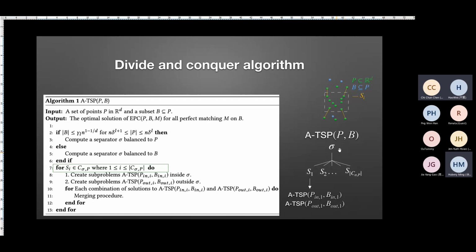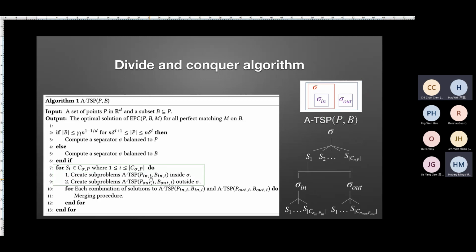Given a separator, we could create a lot of connecting configurations, and for each connecting configuration, we will create subproblems, one for inside and the other for outside of the separator, and we will recursively call this algorithm to create more subproblems that help to divide the large problem into multiple smaller problems.